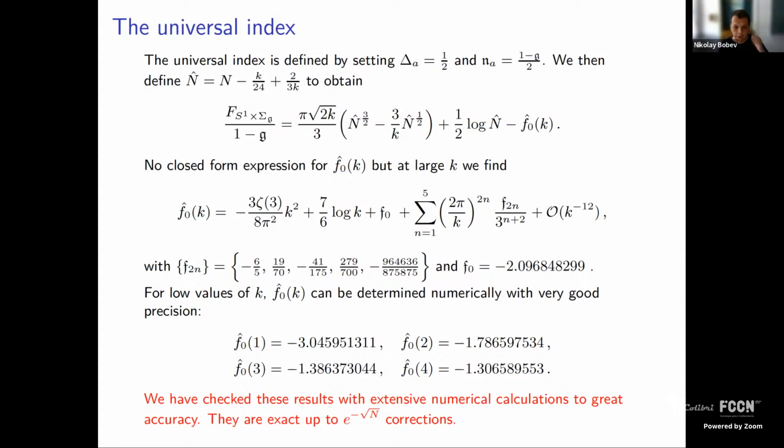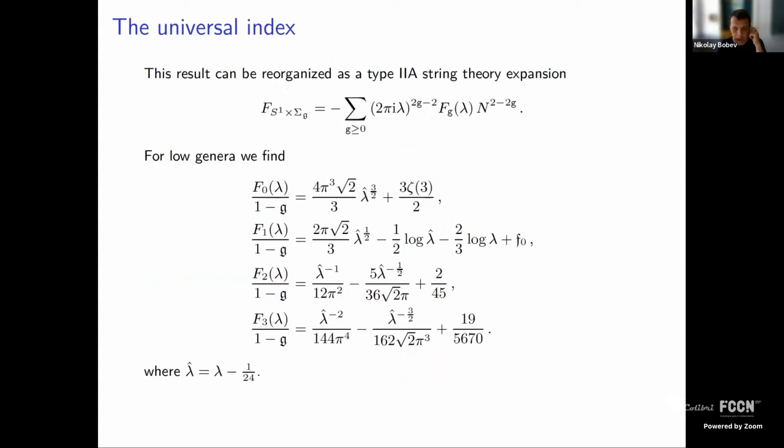Okay, so we can now also do this other game, other idea. Now I have an answer at fixed k, large n. I can try to reorganize it at large n and large k with fixed ratio. And so these F_g, again, are the free energies of the type 2A string at genus g with certain boundary conditions.